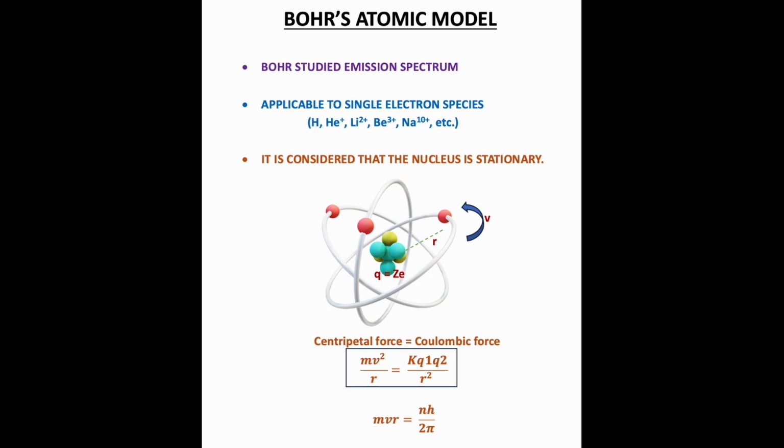So Bohr was actually the first one to use the concept of quantization to explain the atomic model. Before Bohr, none of the scientists actually came to the quantization of atomic orbitals. So according to Bohr, the energy carried by these orbitals is quantized. It is an integral multiple.